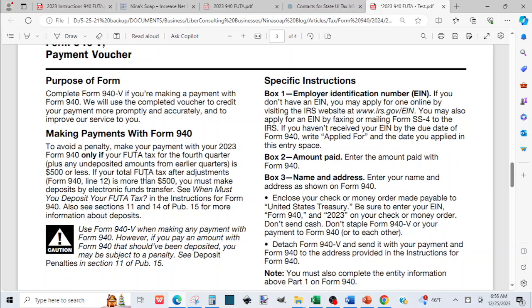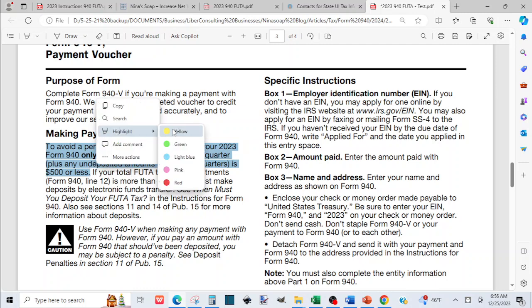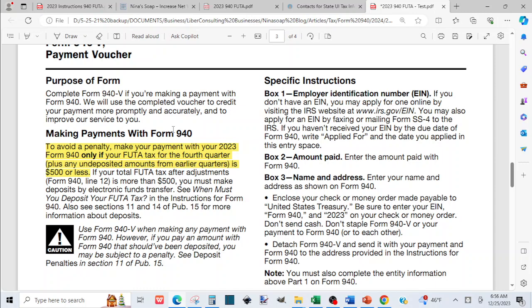So if your FUTA tax is less, I can make the payment with the return, and no other condition is needed. If I need to make a deposit, I'll make a deposit. That way is simple, and you don't need too much brain power to register all the gray area around it. But again, if you want to work with gray area, you can continue reading it.